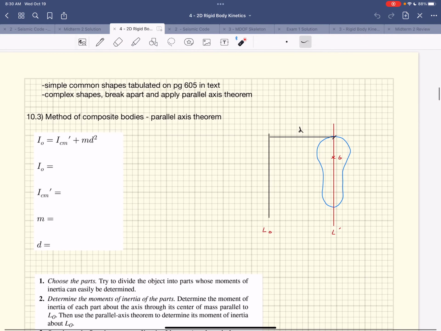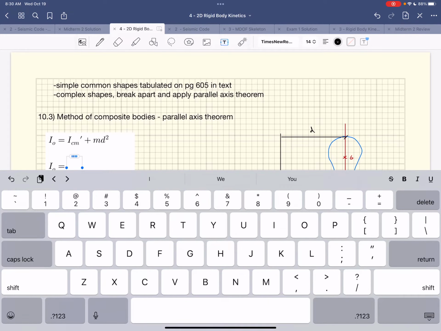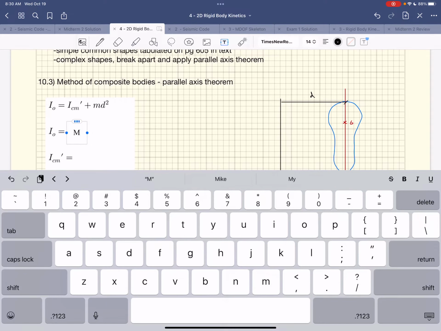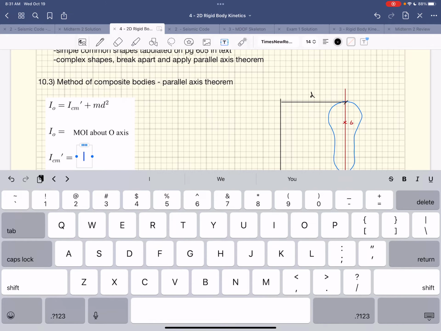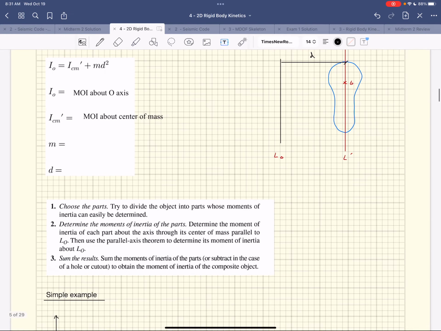Okay, so in this case, if I want the moment of inertia about O, so I_O is the moment of inertia about the O axis. I center of mass is the moment of inertia about the center of mass. M is the mass.